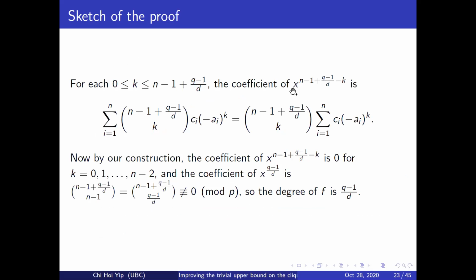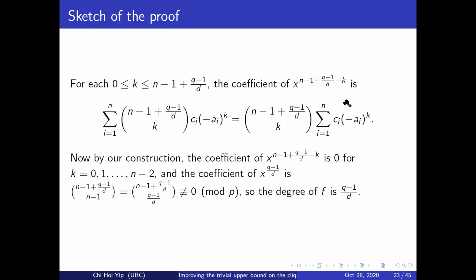For example, the coefficient of x to the n minus 1 plus (q minus 1) over d minus k, using binomial expansion, will be this binomial coefficient times the summation of c_i times (minus a_i) to the k.